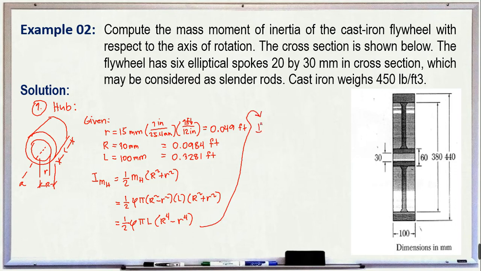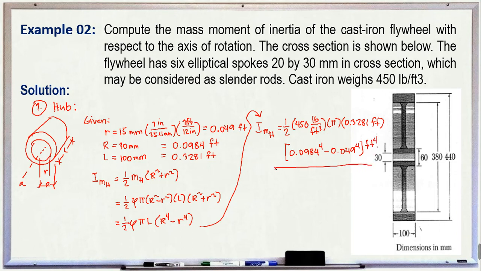So we have the mass moment of inertia of this hub is equal to 1/2. The density is 450 pound per cubic foot. We have the pi, we have the length 0.3281 foot. Tapos yung R natin na laki, 0.0984 to the fourth power minus 0.049 to the fourth power, so automatic feet to the 4.